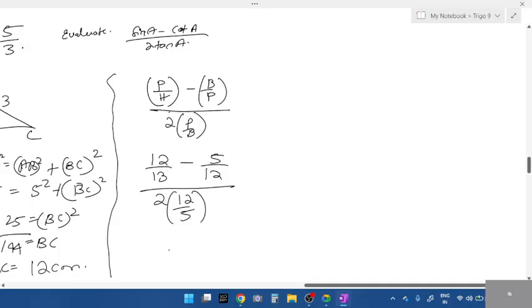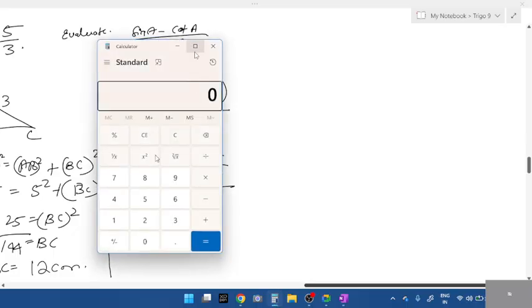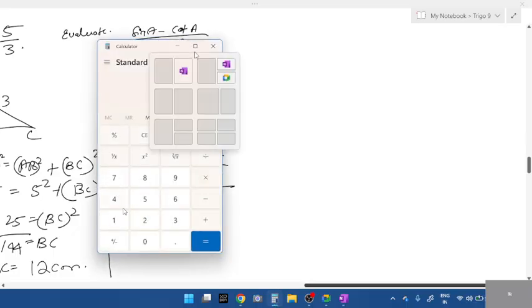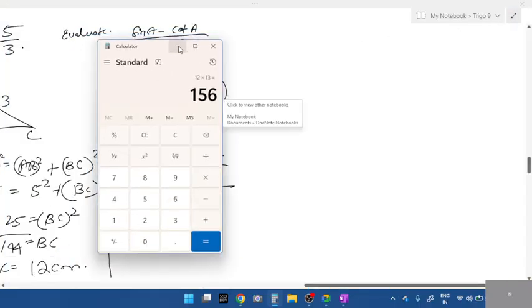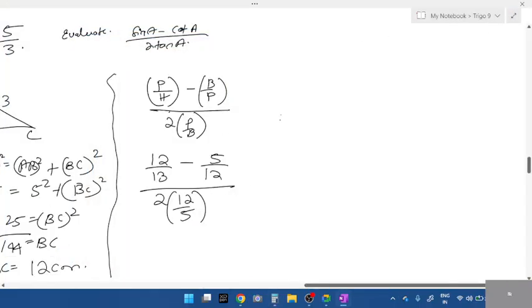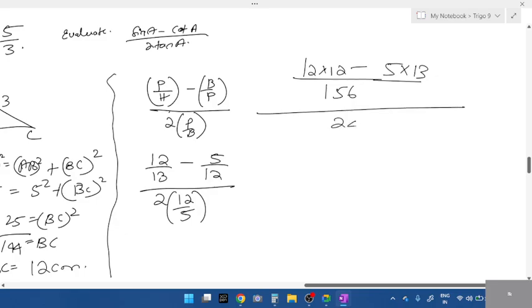I'll write it here. How much is 12 into 13? So you get 156. 12 into 12 minus 5 into 13, divided by 24 by 5.